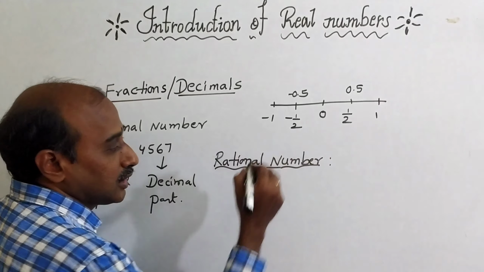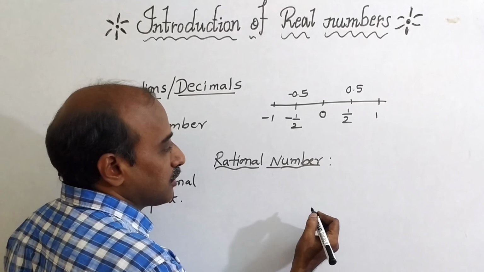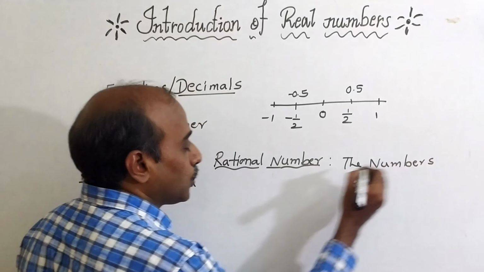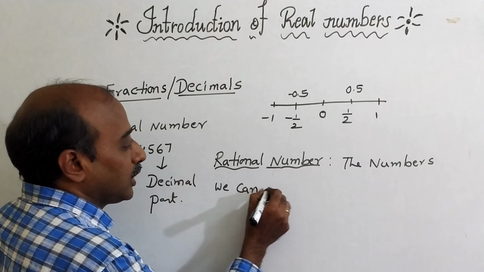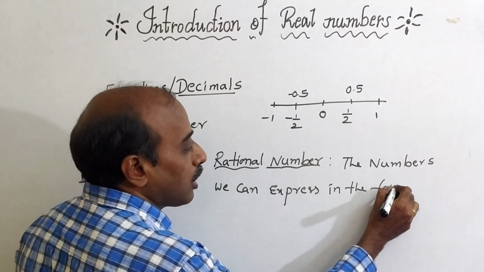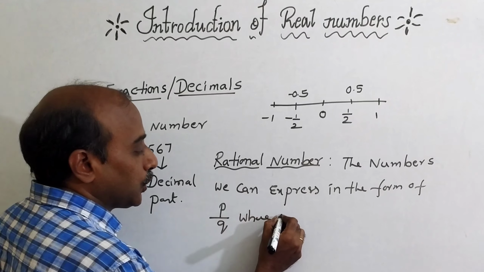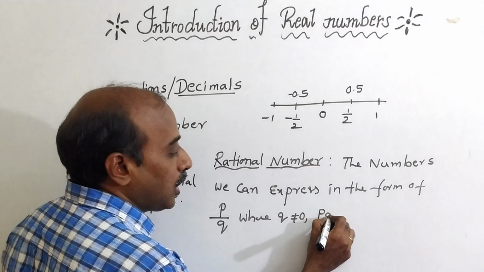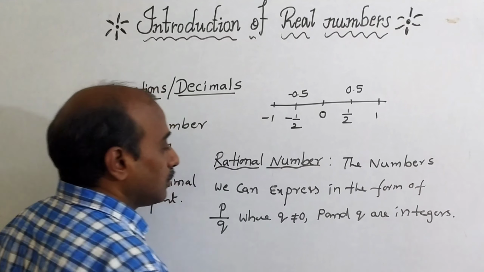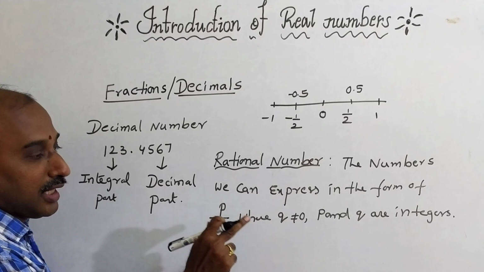The numbers which we can express in the form of p/q are called rational numbers, where q is not equal to 0 and p and q are integers. Q is not equal to 0 because if it is 0 it is not defined. P and Q are integers.